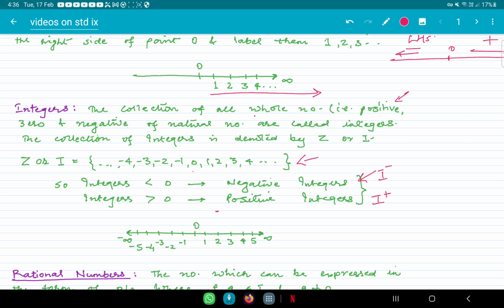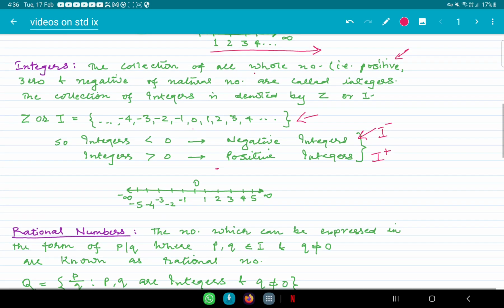So integers are represented by capital Z or I, where Z equals curly bracket open, and so on, minus 4, minus 3, minus 2, minus 1, 0, then after 0 all positive values will come, and there is no end on the left hand side as well as on the right hand side.